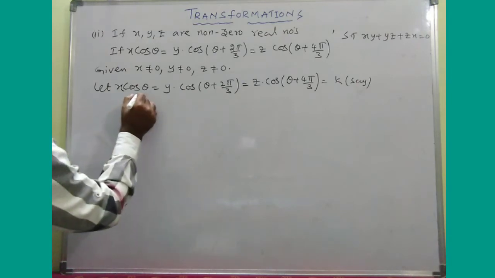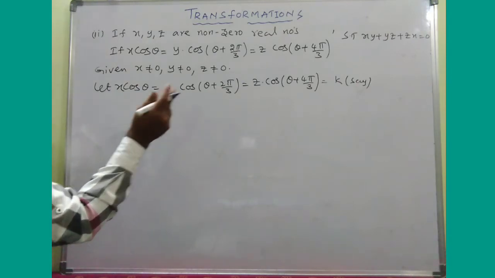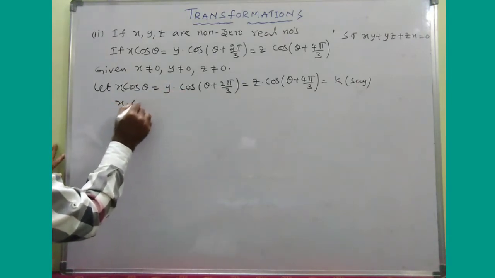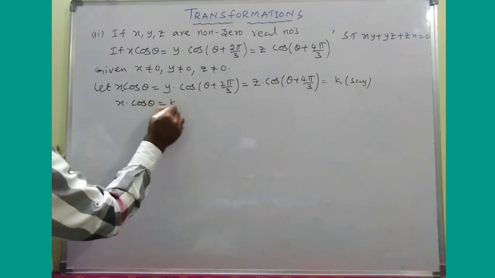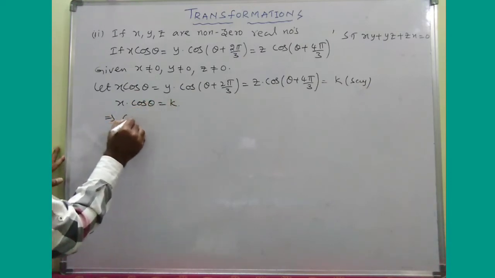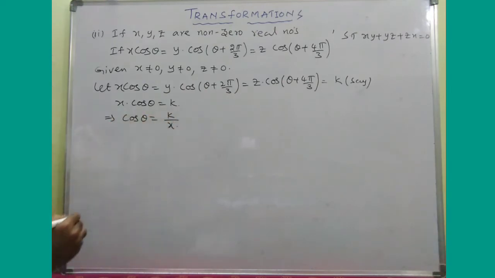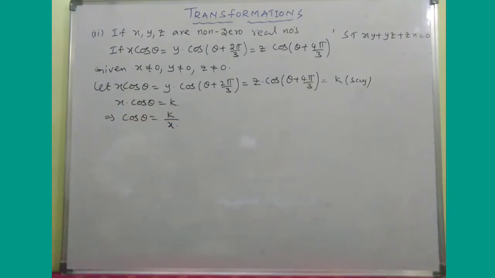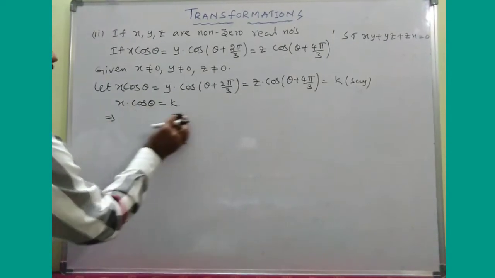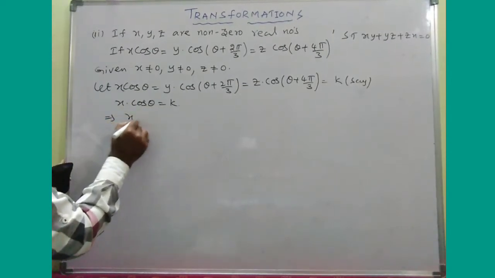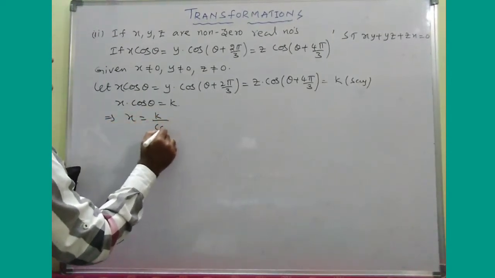So now if I equate the first one to k, x into cos theta is equal to k. From this I can write that cos theta is equal to k by x, or better you change it like this: x is equal to k by cos theta.